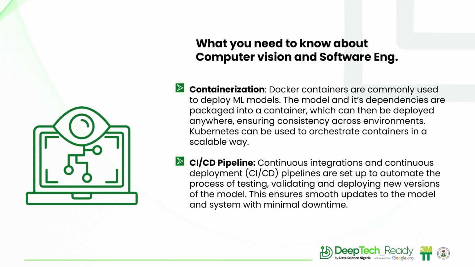Now, the reason why it is very, very important that your computer vision model has a CI/CD pipeline is that your model would always need improvement in order for your users to be satisfied. Definitely your model needs to learn more from users and so many other things.